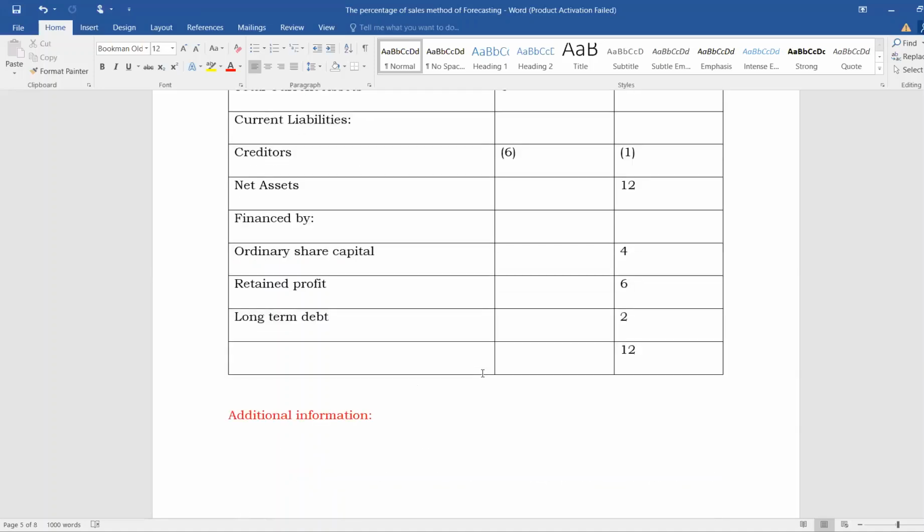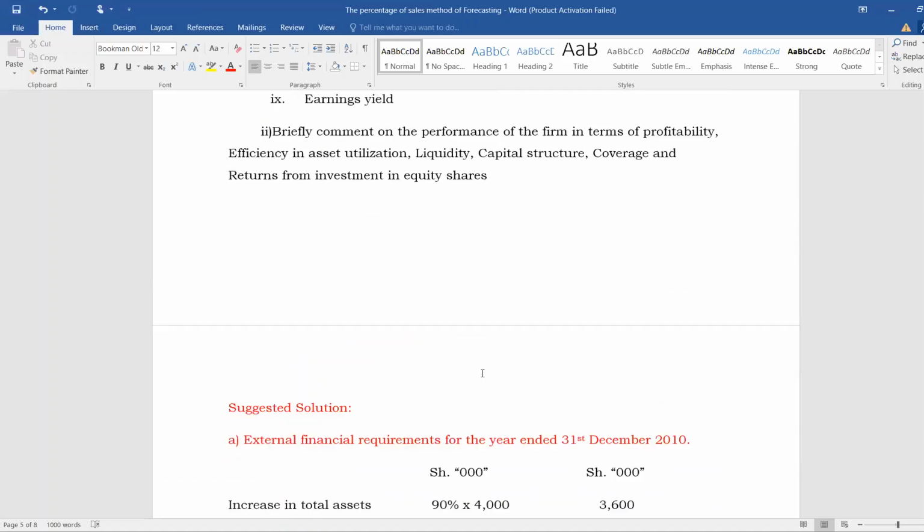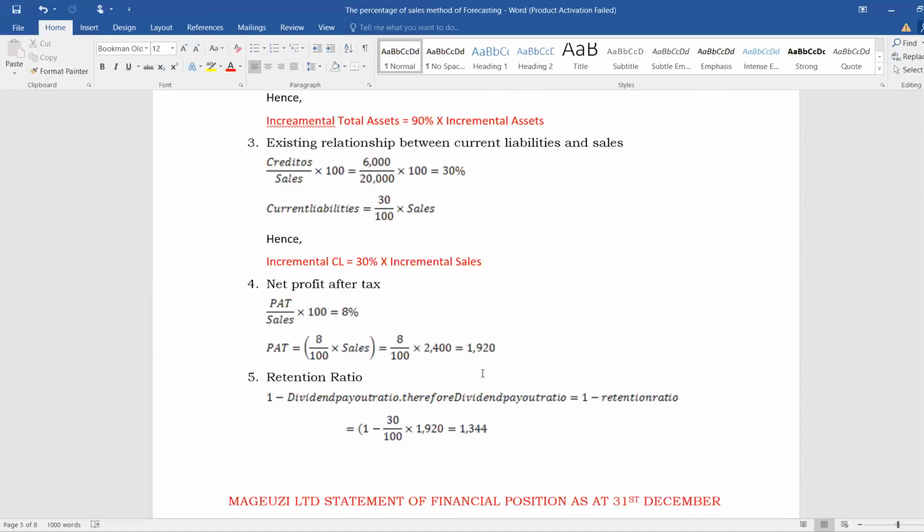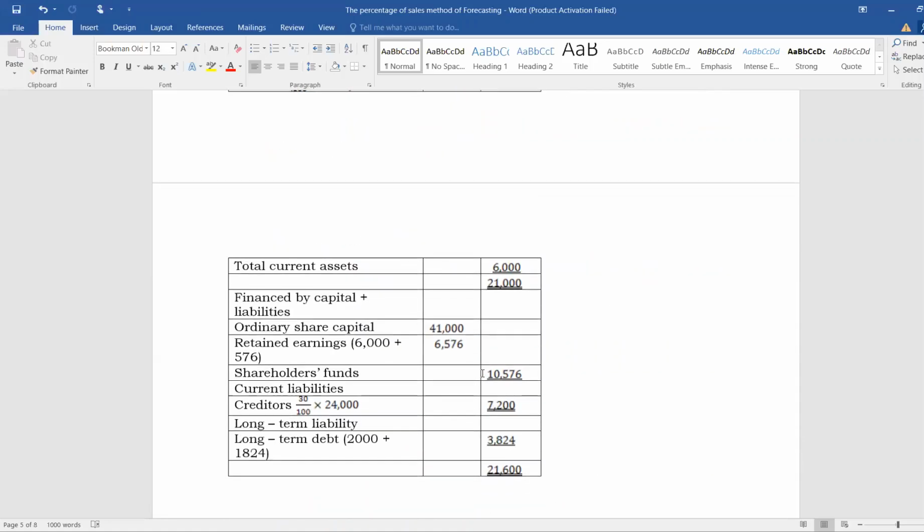And I said more often you assume it is a long-term loan they have gone for. Okay? Long-term debt.